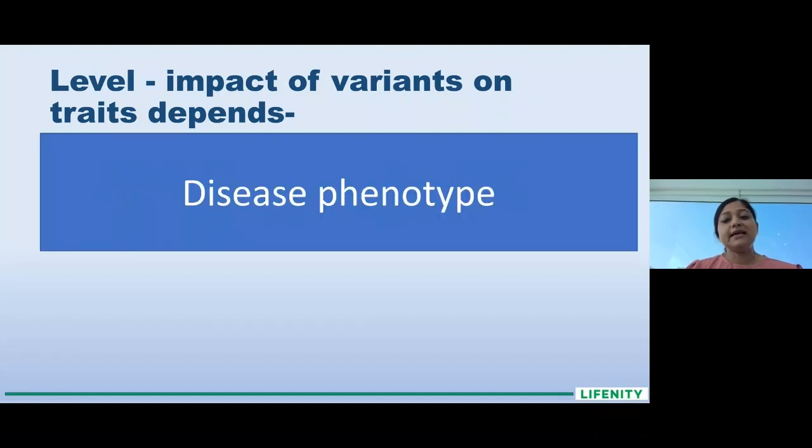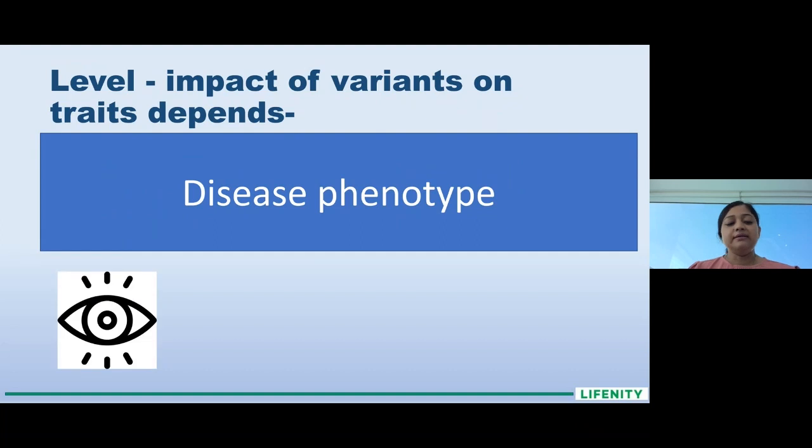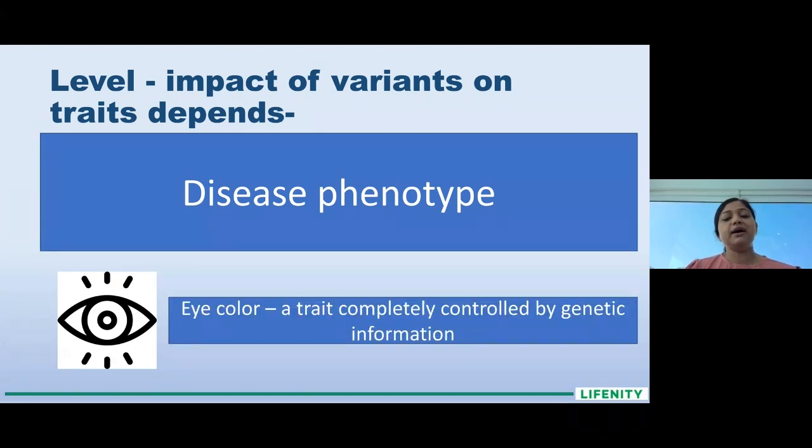This is a complex format for disease phenotype analysis. A very simple example is your eye color and hair color, which are completely controlled by your genetic information, with nothing to do with environmental effects. But skin color is affected by the environment. If you are exposed to too much sunlight, then you can get a tan.